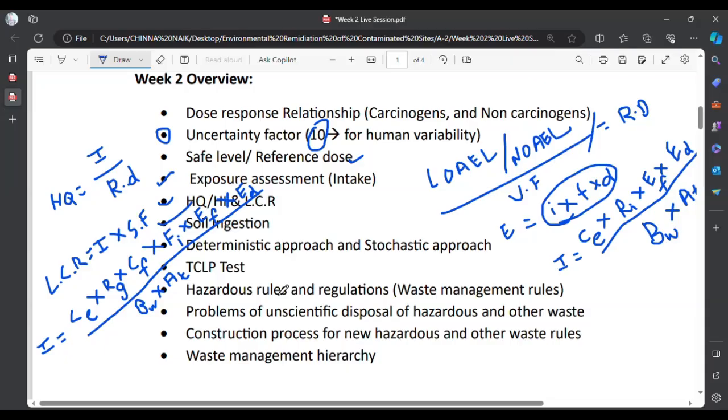Okay, this is the formula for soil ingestion intake.